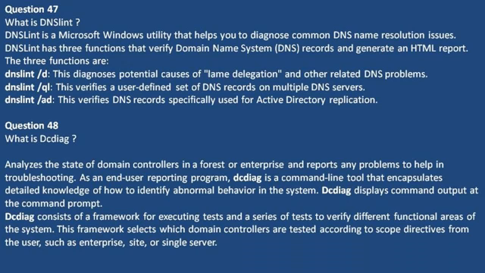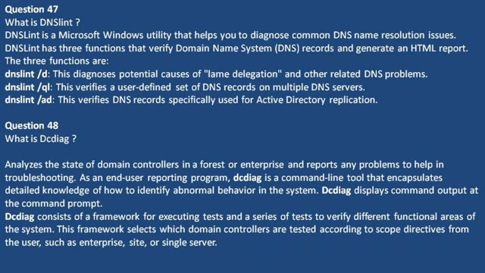The three functions are: DNSLint /d, which diagnoses potential causes of lame delegation and other related DNS problems; DNSLint /ql, which verifies a user-defined set of DNS records on multiple DNS servers; and DNSLint /ad, which verifies DNS records specifically used for Active Directory replication.